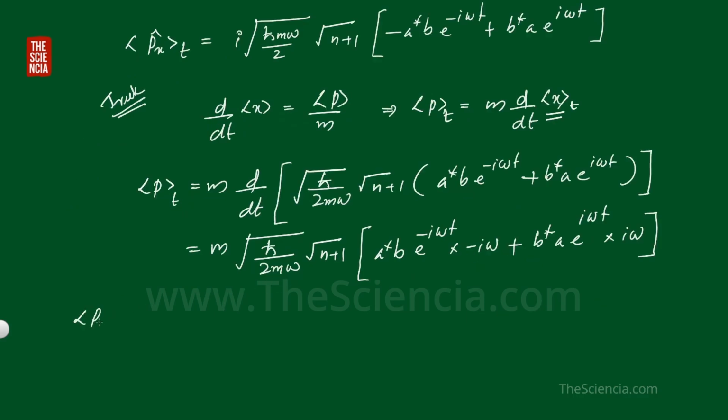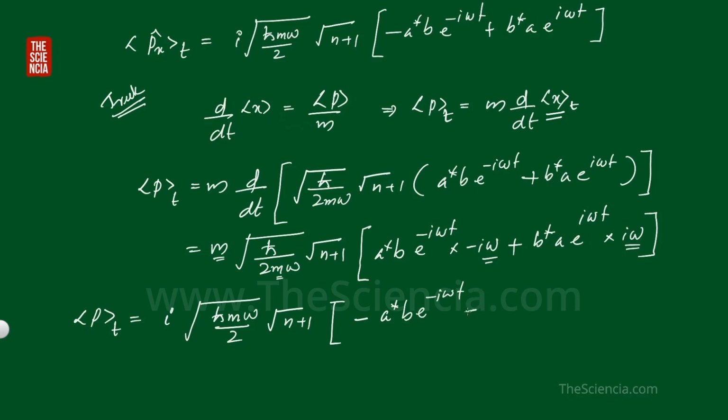That is, the expectation value of p at time t is equal to, here we can take this i omega as a common term, and here there is one m, so this m and this m cancel, so we will get i into root h cross m omega by 2 root n plus 1 into minus a star b e raised to minus i omega t plus b star a e raised to i omega t.